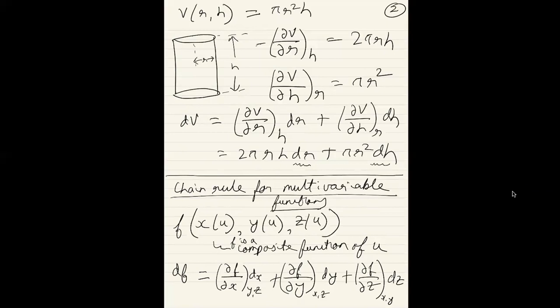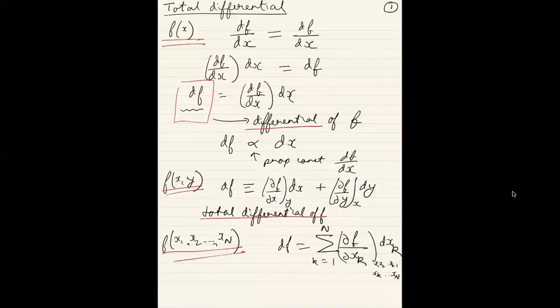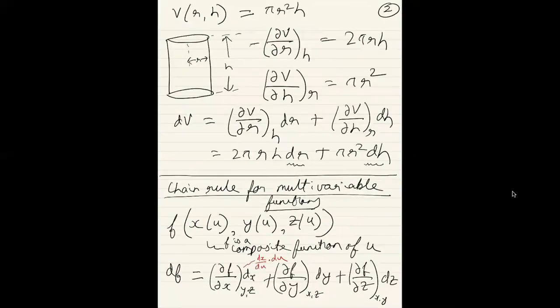Now we realize that we can write down dx as dx by du multiplied by du. Why can we do this? Recall, we did exactly something like this in this step over here. That's what we are repeating. So dx can be written as dx by du multiplied by du. Similarly, dy can be written as dy by du multiplied by du, and same thing for dz. The reason we can do that is because x is a function only of one variable.